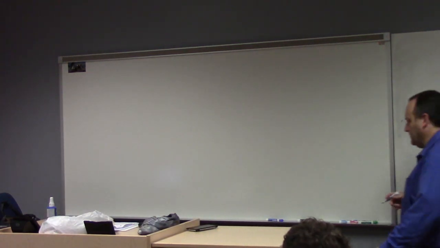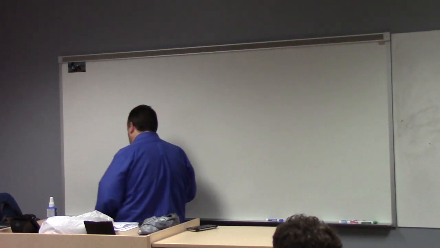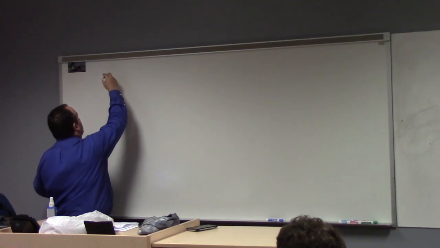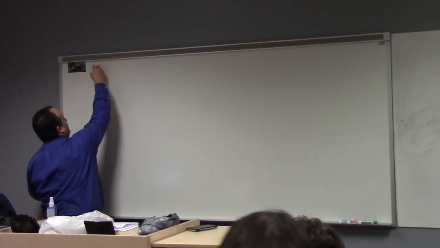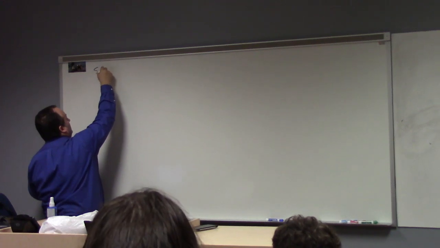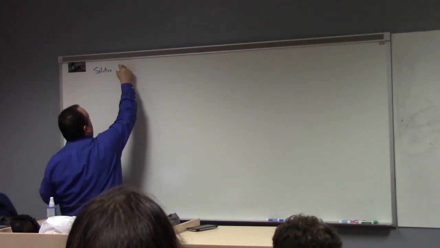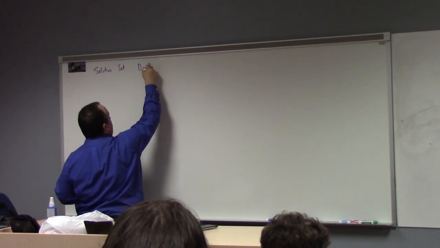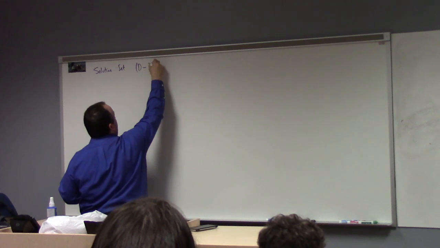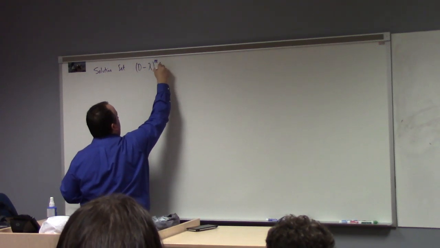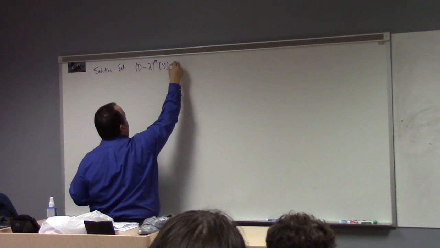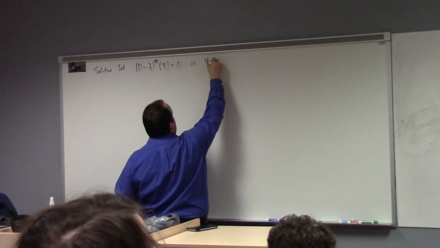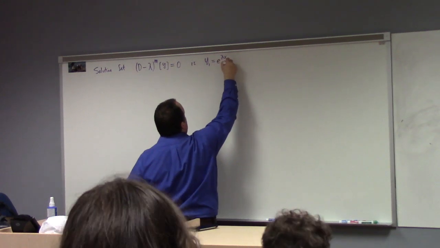So last time we learned that the solution set of (D minus lambda) to the mth power on y equals 0 is y1 equals e to the lambda x.